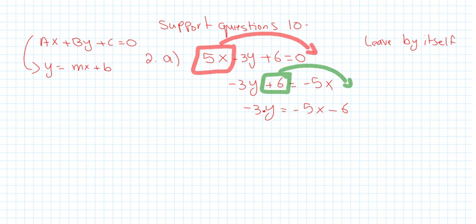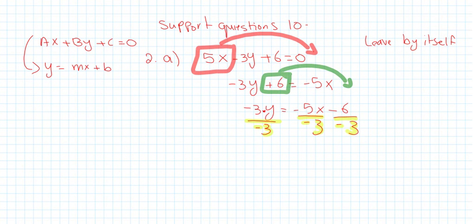So I have to divide each term by negative 3. Otherwise, I can't get rid of it. So I divide by negative 3, divide by negative 3, divide by negative 3.